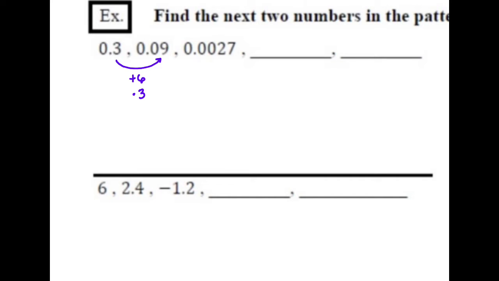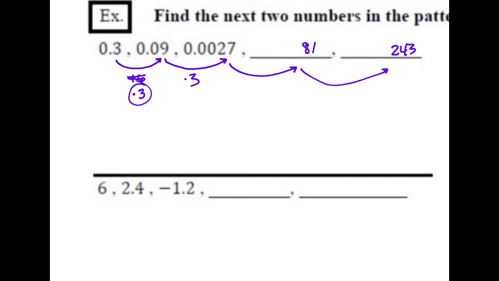So which of those do we do going from 9 to 27? And it's going to be the times by 3. Okay, so if we times by 3 every time, that means we're going to times by 3 here, and it will be an 81, times by 3 here, and it'll be a 243.